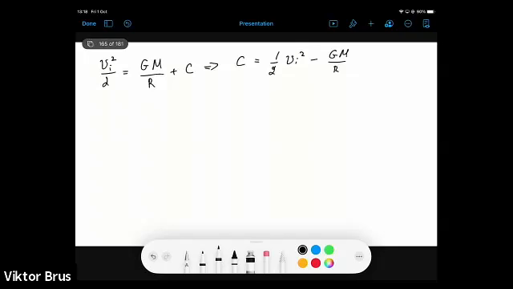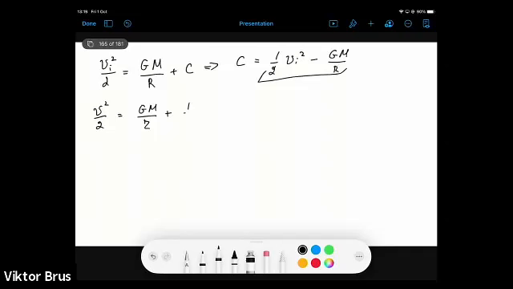Okay, so we already managed to determine this unknown constant of integration. Let us substitute it in the equation. So we had V squared divided by 2 is equal to GM divided by small r. Then we need to write the constant here.